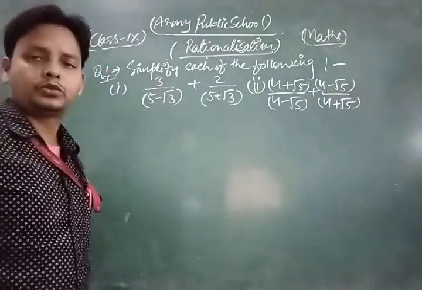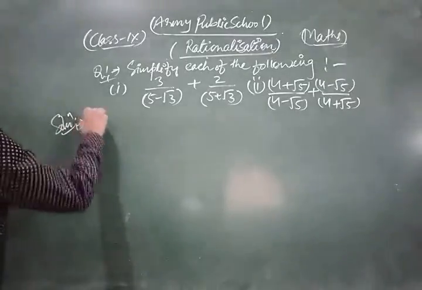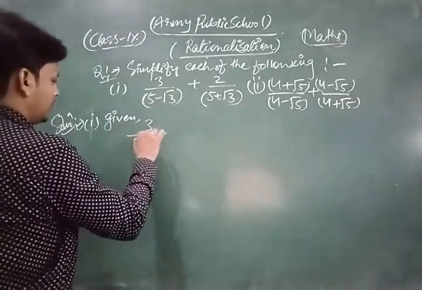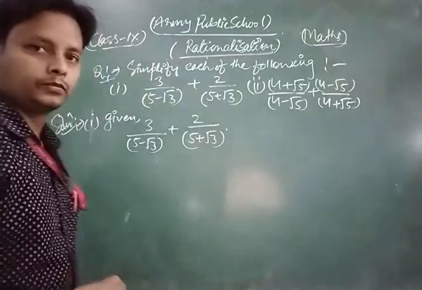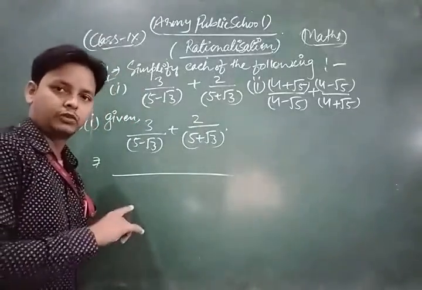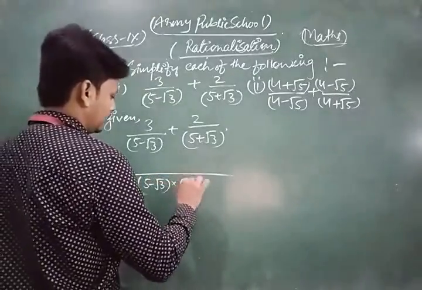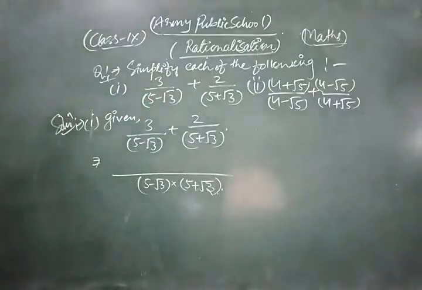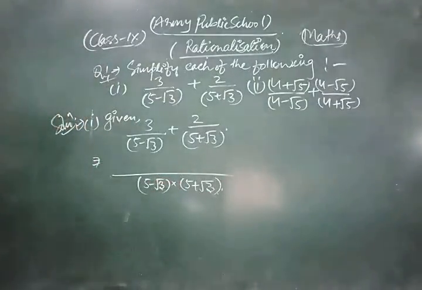So first of all, we take the first part of this question and solve it. Look, so given this, now we simplify them by taking the LCM of their denominators. So we take the LCM of both, which will be 5 minus root 3 into 5 plus root 3.